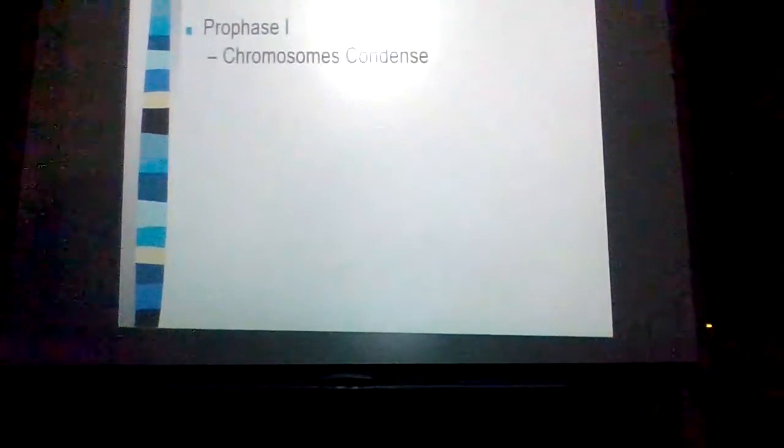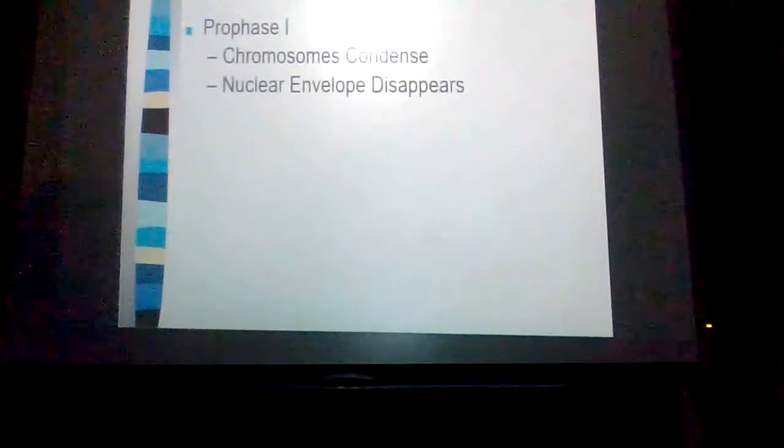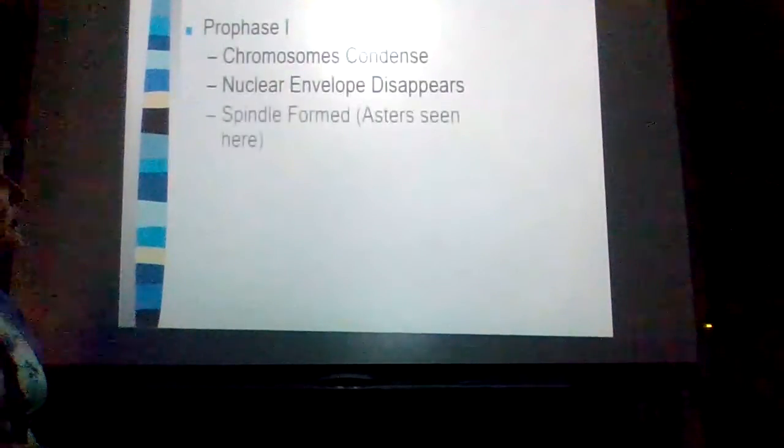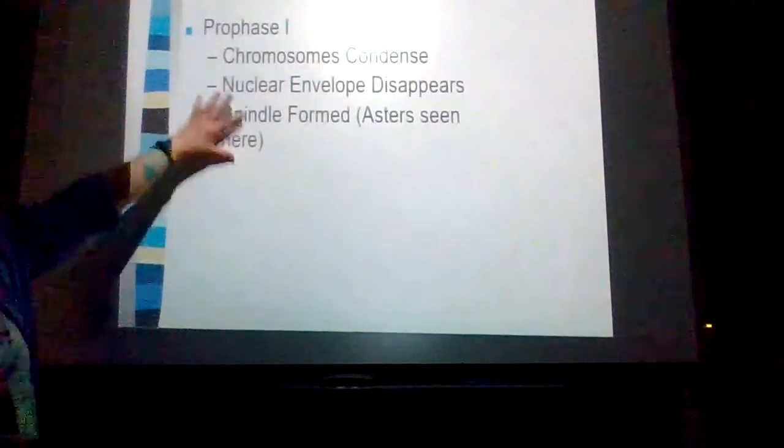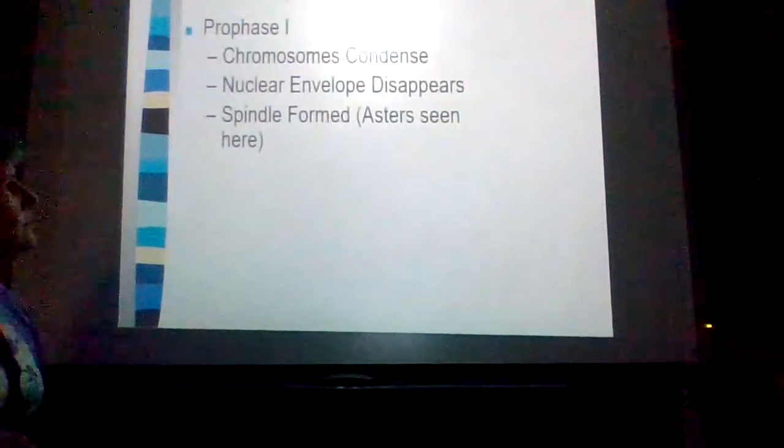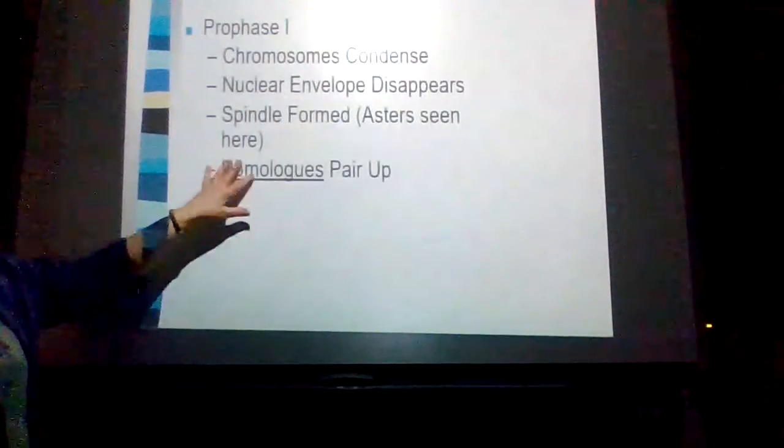Okay, again, prophase, we said we were going to go through PMAT. Prophase 1, again, we got that Roman numeral. Don't forget it. Chromosomes condense. Nuclear envelope disappears. Spindles are formed. Again, this is the same thing we saw in the cell cycle. Homologs are going to pair up.